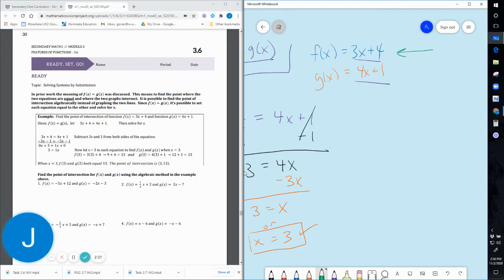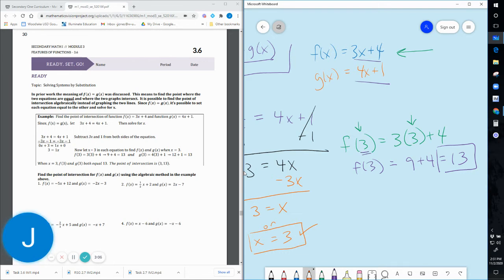We're going to say f of 3. We're going to plug in 3 for x: 3 times 3 plus 4. I'm just plugging in the 3 for all my x's. f of 3 equals 9 plus 4, which equals 13. So we know in the f equation, whenever I plug in 3, my y value is 13.